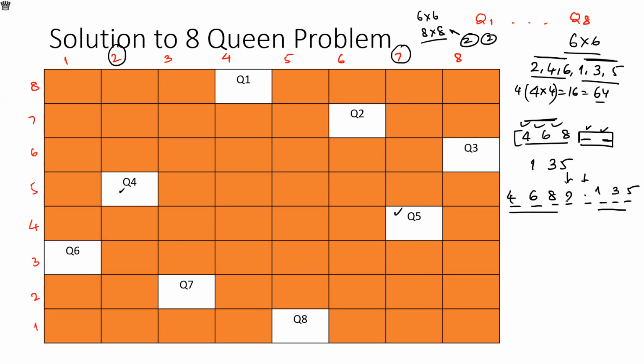So you can write here 2 and you can write here 7. And again, we come to the even odd cluster. So it is 4, 6, 8, 2 and 7, 1, 3, 5. This is the even cluster and this is the odd cluster. So in this way, you can find another solution for 8 by 8.